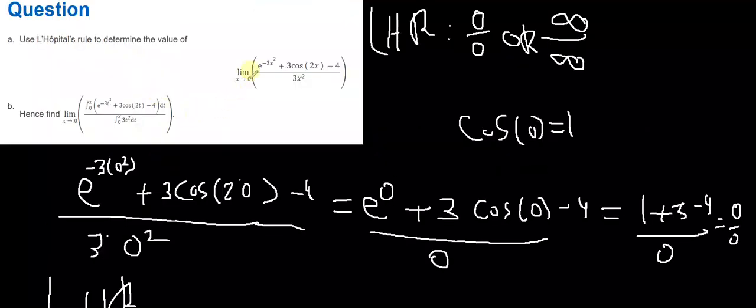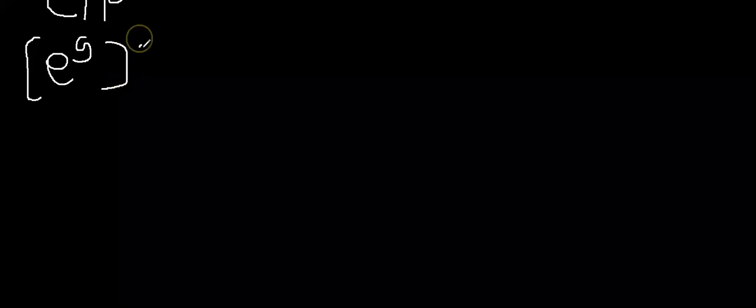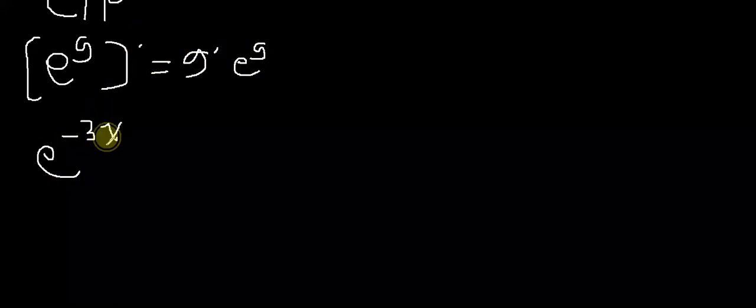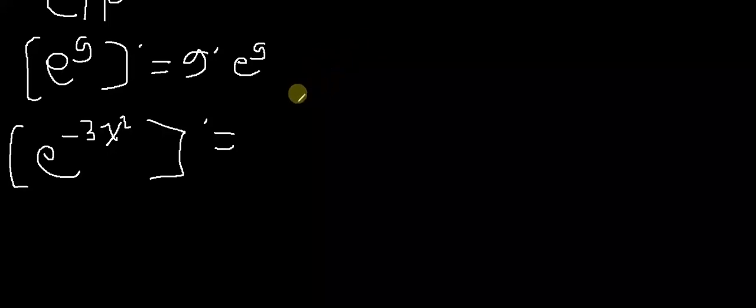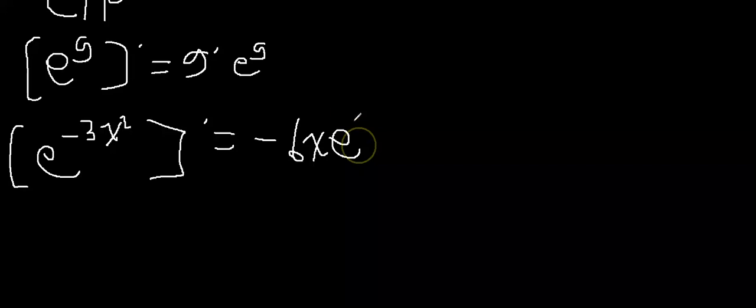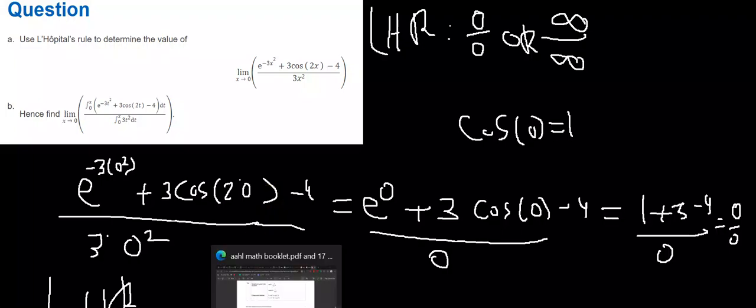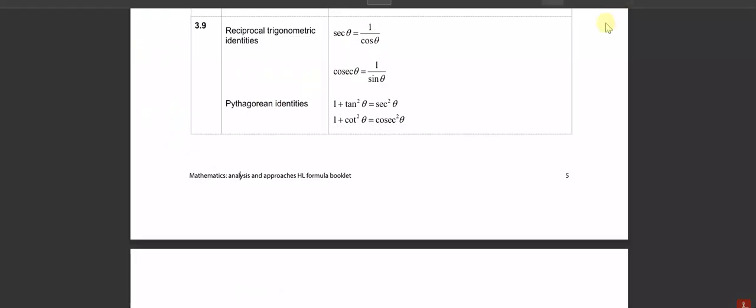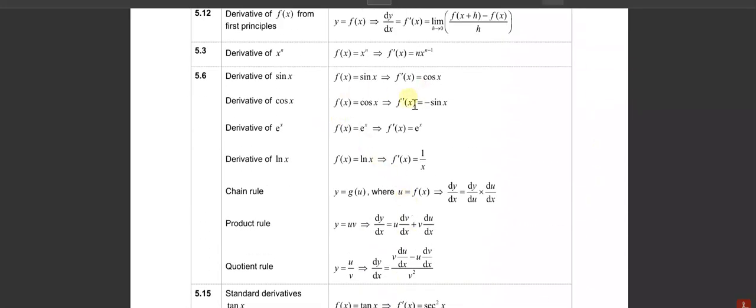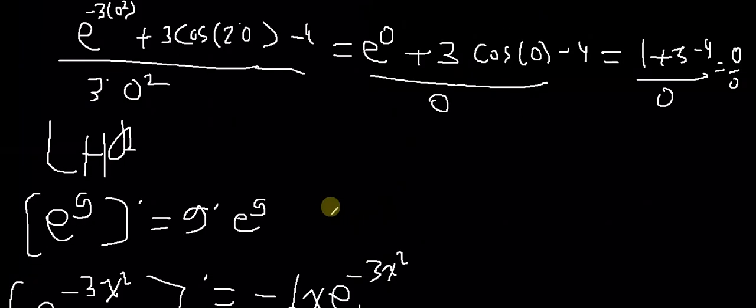So let's go one by one. For e to the minus 3x squared, we use the chain rule: e to the g, prime, is g prime times e to the g. So the derivative is minus 6x e to the minus 3x squared. Now for 3 cosine 2x, you can check from the data booklet that the derivative of cosine is negative sine, and applying the chain rule we write 2.